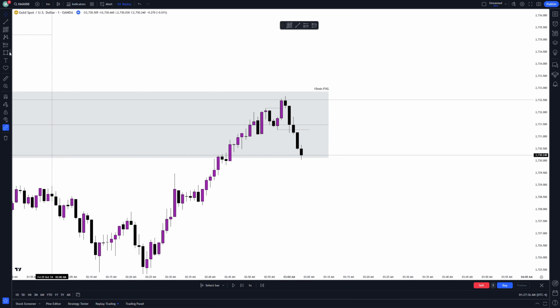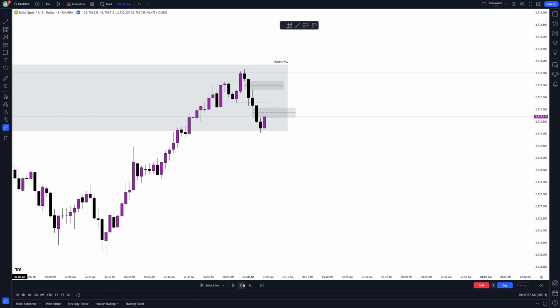So we can be entering from this fair value gap or from this fair value gap, right? Sometimes if we have a fair value gap and then again a fair value gap, sometimes these fair value gaps are unfilled. So if we are not going to miss the entry, then we can be entering off of this fair value gap, right?